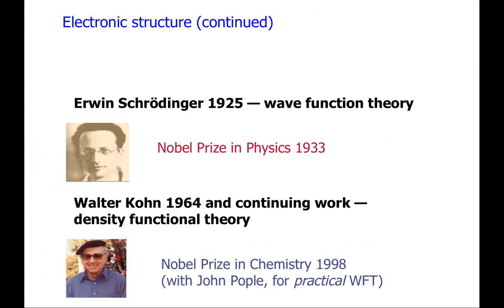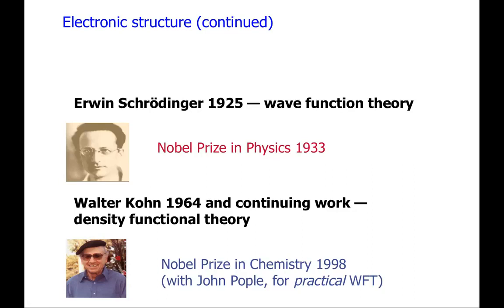So each of these two accomplishments by scientists in the 20th century was tremendously important, and each was awarded the Nobel Prize. So Schrödinger published his work on wave function theory in 1925, and he was awarded the Nobel Prize in Physics in 1933. Hohenberg and Kohn published in 1964. Kohn was awarded the Nobel Prize, not Hohenberg, in part because Kohn did additional work, some of which we'll see in upcoming lectures.